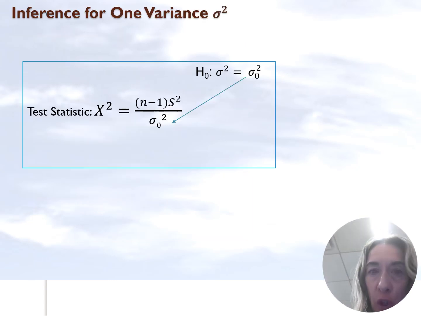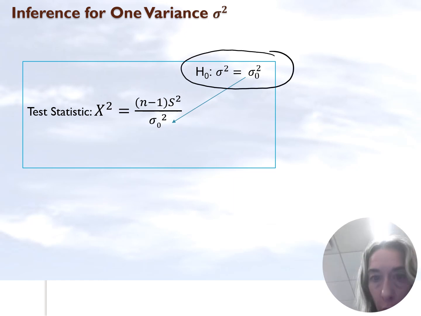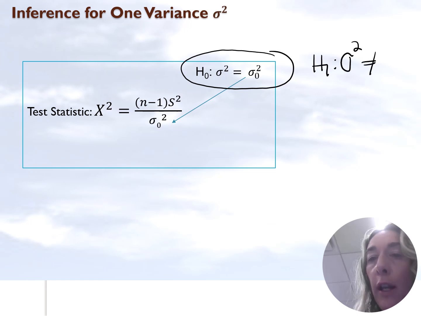So when we are doing inference with one variance, this is our null hypothesis versus the two-sided alternative that the variance is not equal to some hypothesized variance. But to proceed with a proof by contradiction, in order to prove the alternative, we have to assume the null to be true.